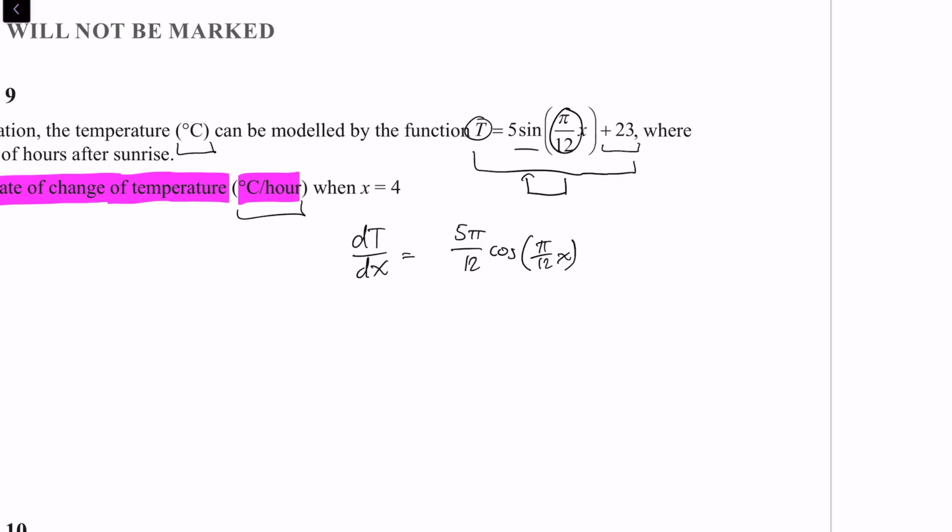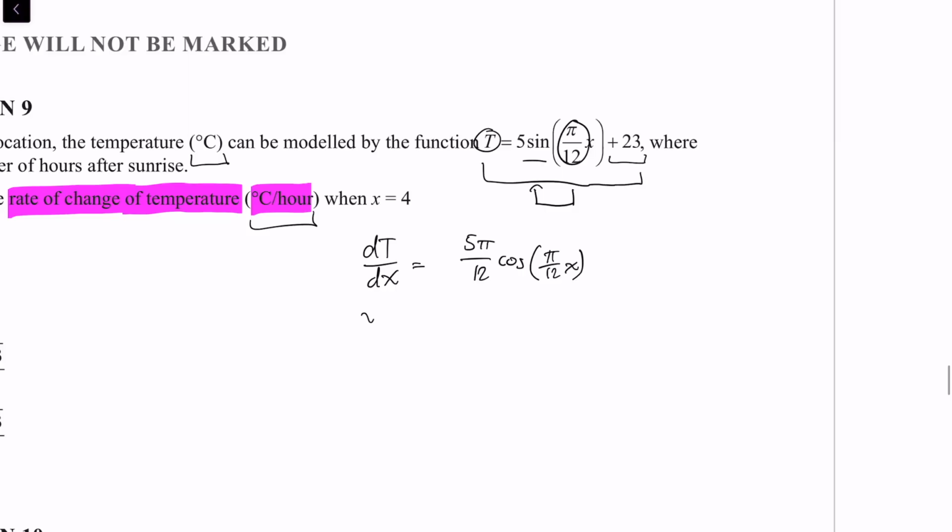And then this plus 23 will just turn into 0 there. Okay, and then when x equals 4, we just simply plug in that value for x, so pi over 12 times 4, and then we just continue with the math.